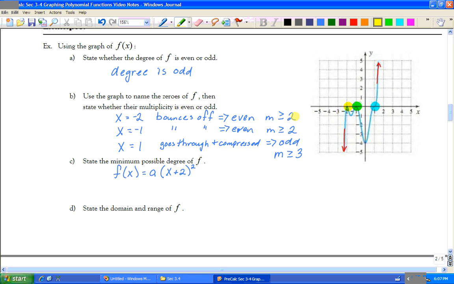So this value where it bounces off, we said it had to be greater than or equal to 2. So we're going to list that there as our multiplicity. Okay. Our next factor coming from the zero of negative 1 is x plus 1. And again, we said that that had to have a multiplicity of 2, at least.